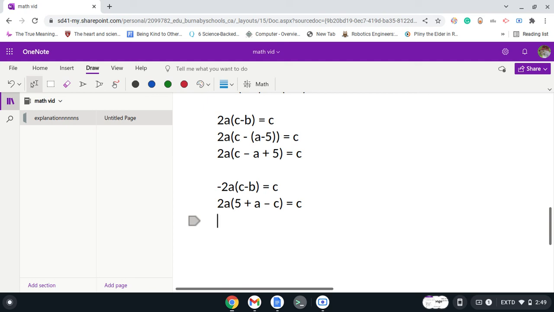So we have that A is less than C. And since A and C are positive, this expression must also be positive. So the possible values for this expression is 1, 2, 3, or 4.